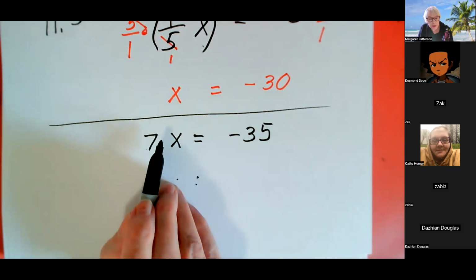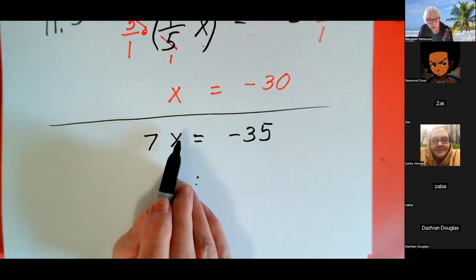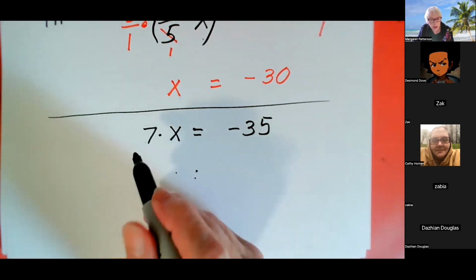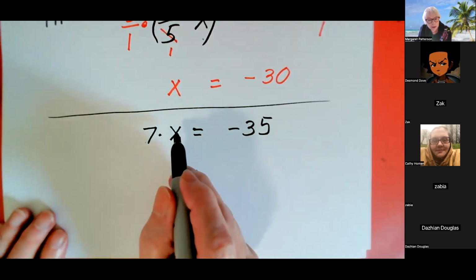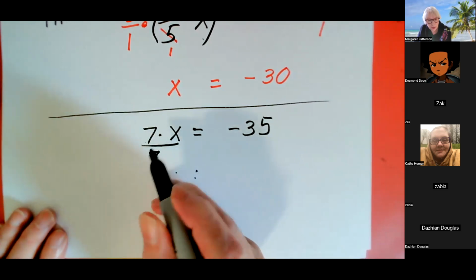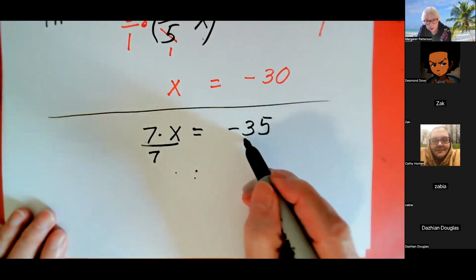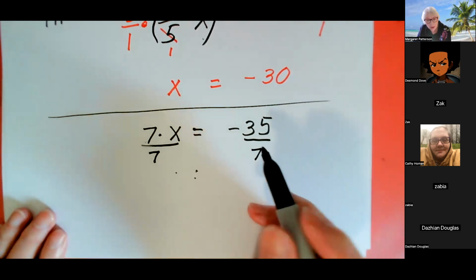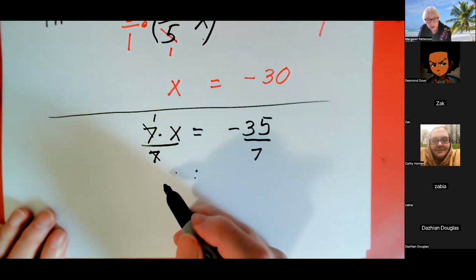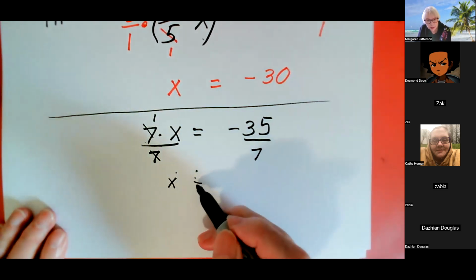So this one here, it's 7 times x. Now, there's no sign there, but you could put a dot there to remind you. But to get rid of 7 multiplied, you could divide by 7. So 7 divided by 7 is 1x, and we would just say x.